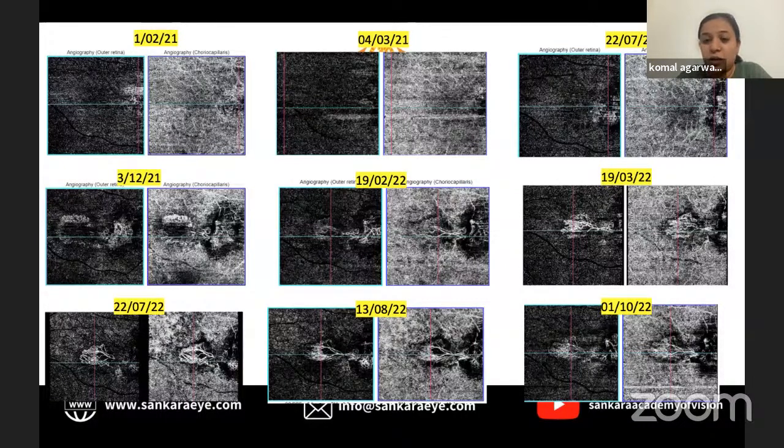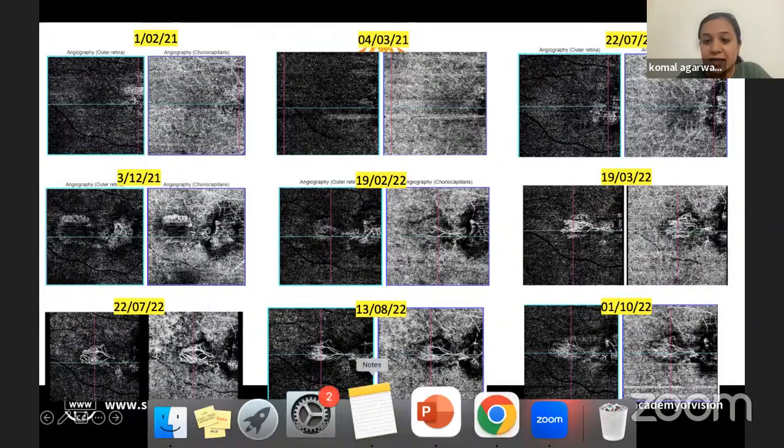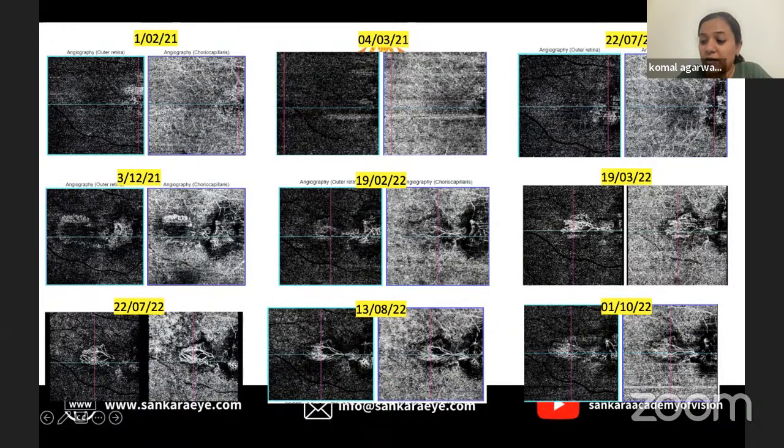So Dr. Sharath, how do you choose your cases for focal laser, and what parameters do you look into when you do focal laser for these cases? Most of my cases are usually anti-VEGF nowadays, as first line. If it recurs and if it is extrafoveal, then I usually prefer focal laser.